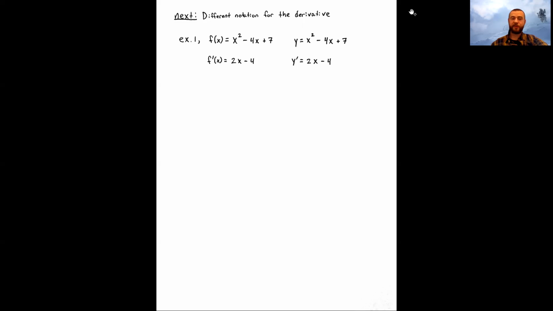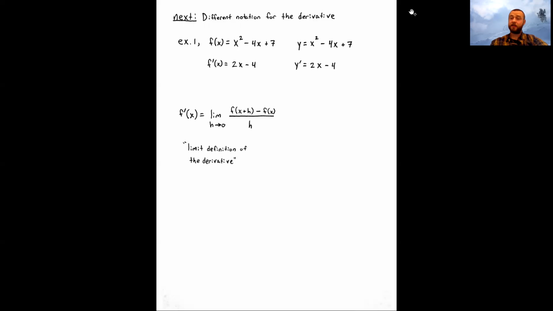We're just changing the notation from f prime of x to y prime. These are the two standard notations. It's the most convenient when writing out by hand. The prime notation is pretty short and quick to write, but it's not the only notation for derivatives.